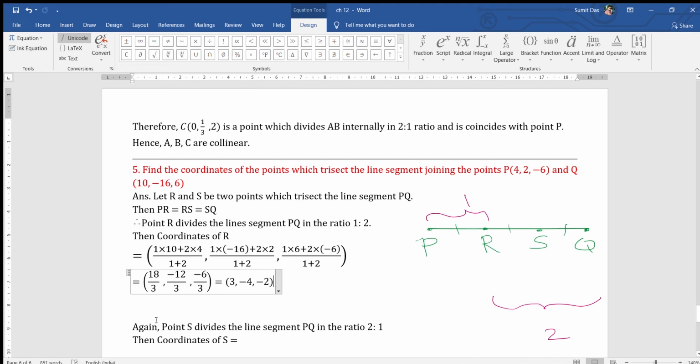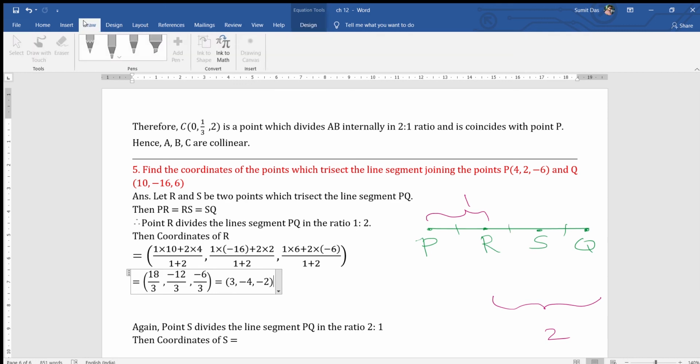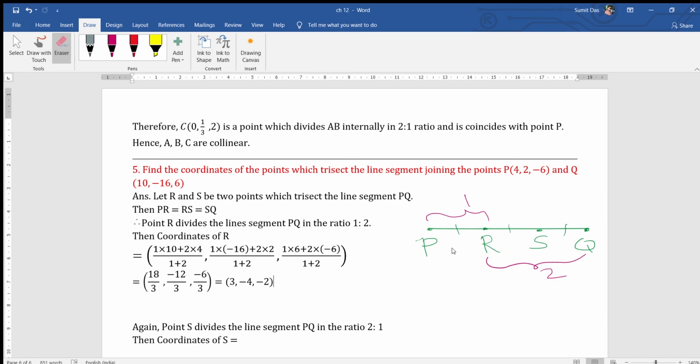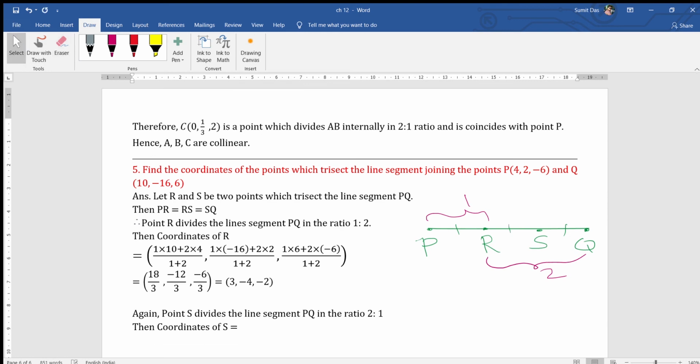Fine. Now what I was saying, first we took this one 1:2 ratio, right? So we already got the coordinate of R, and we know the coordinate of Q. Okay, so how to find the coordinate of S?